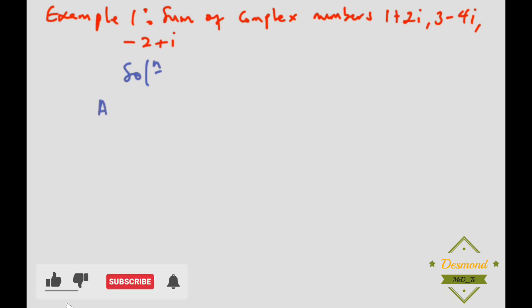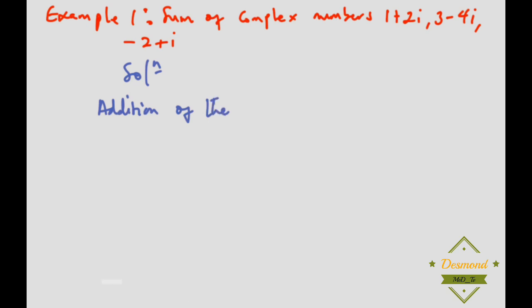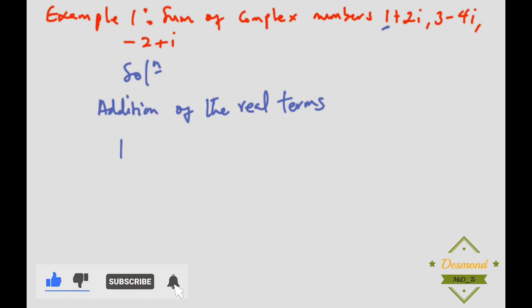So addition of the real part or the real terms. So we have 1 plus 3 plus negative 2 here. So this is the real part. When you add them, you should get 4 minus 2, so 2.